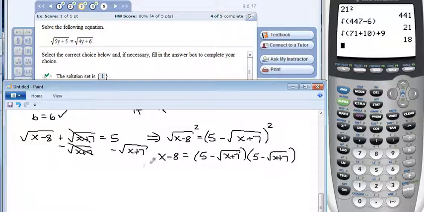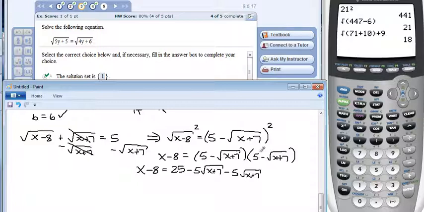Okay? x minus 8 is equal to, first terms, 25. Outside terms, I've got a negative, because I've got a positive times a negative, so I've got negative 5 roots of x plus 7. My inside term is the same. I've got negative 5 roots of x plus 7.